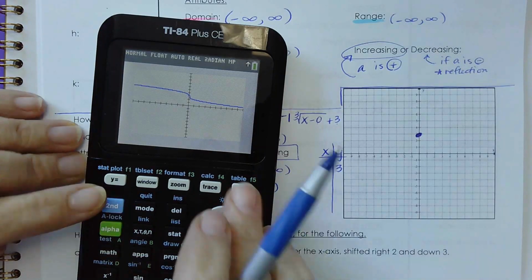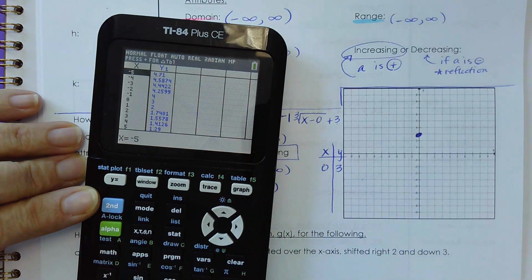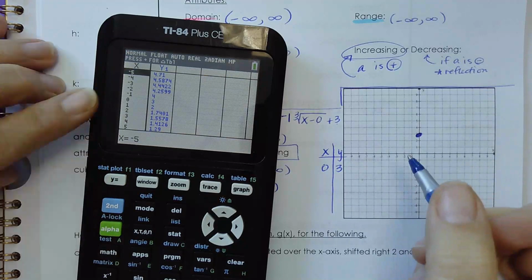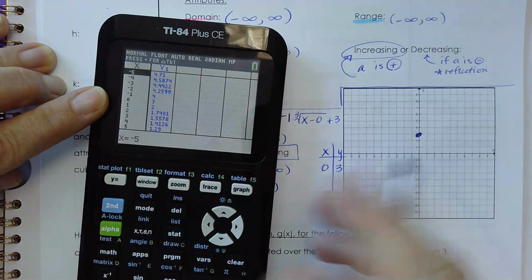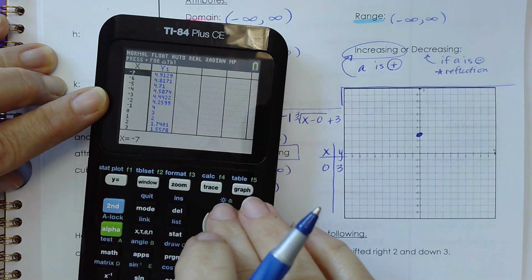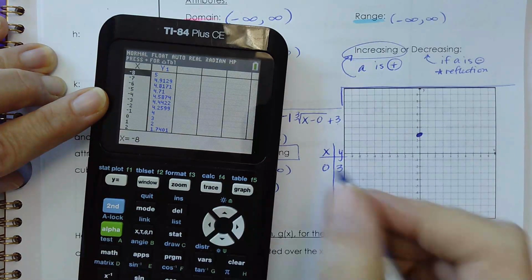Here it looks like there's something, negative 5.